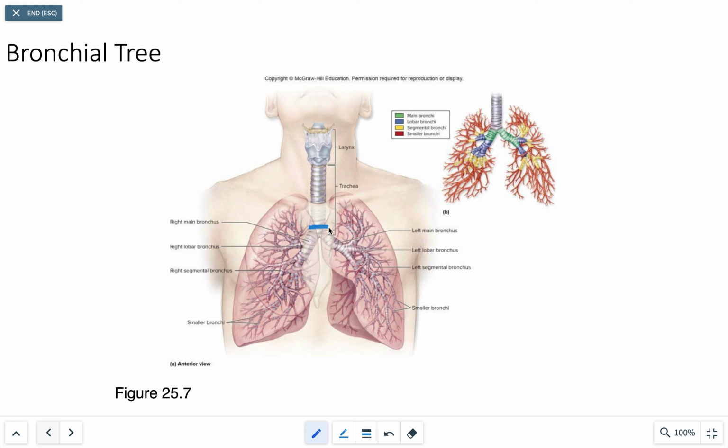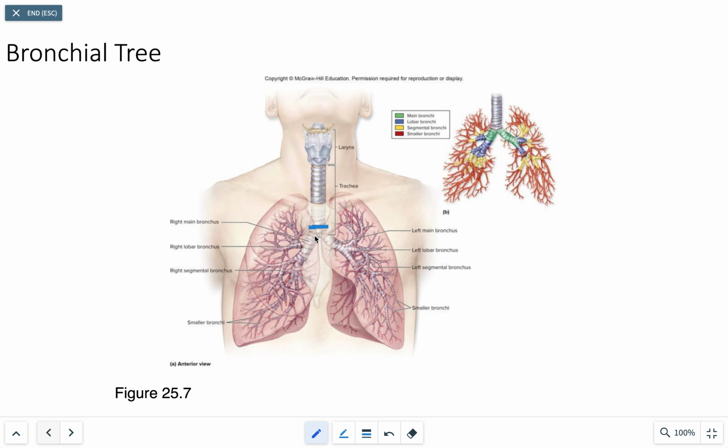When we're looking at the main bronchi as they come down from the trachea, we look at some general characteristics. The right main bronchus and the left main bronchus have more complex rings of cartilage.